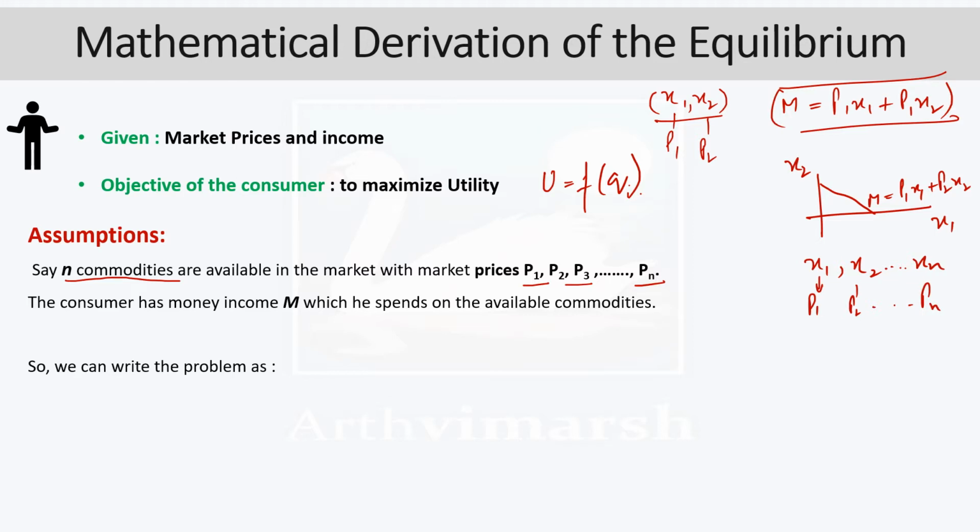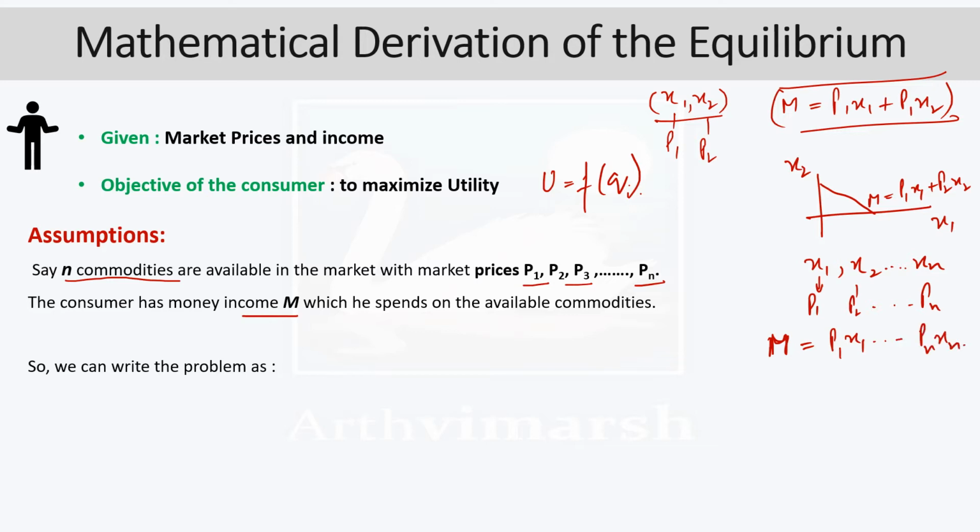The consumer has money income M, like we had for the two commodity case, which is spent on price times commodity, so on up to Pn Xn.